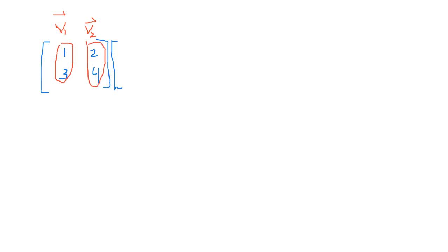And we're going to multiply that 2 by 2 matrix by another 2 by 2 diagonal matrix whose diagonal entries are lambda 1 and lambda 2, and those are scalars. So you know how to do matrix multiplication.